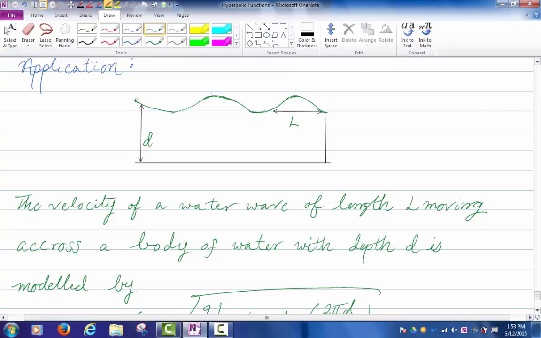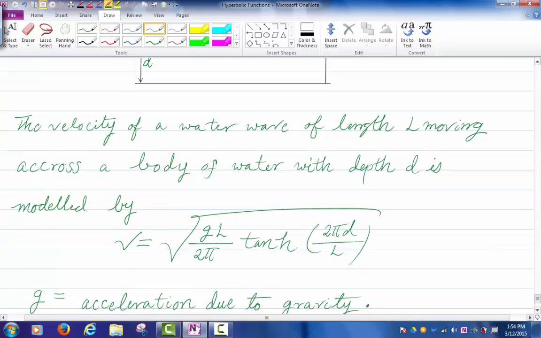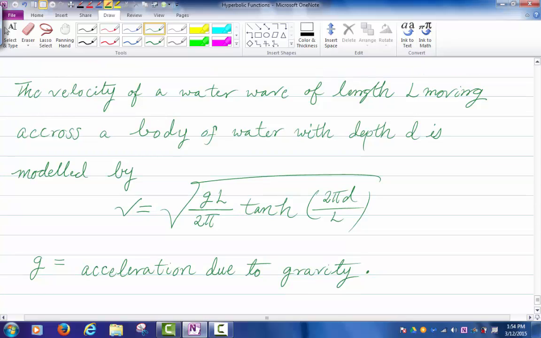For example, if you look at the velocity, so you're trying to model the velocity of a water wave. Let's say the depth of water is d, the wavelength is l. Then the velocity can be modeled by using this formula where the hyperbolic tangent function appears.